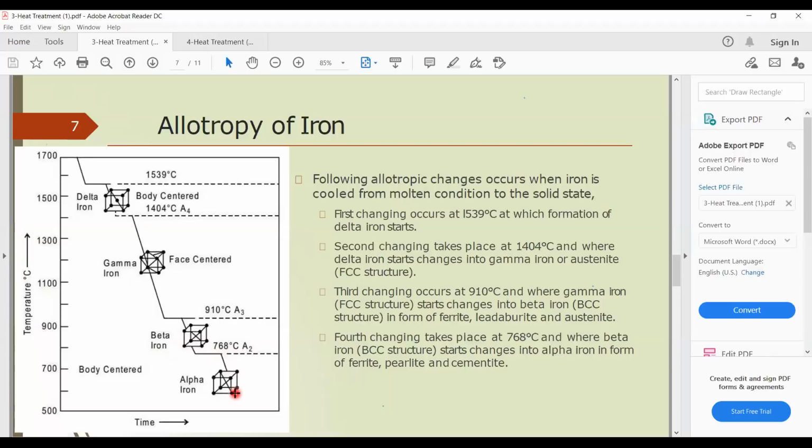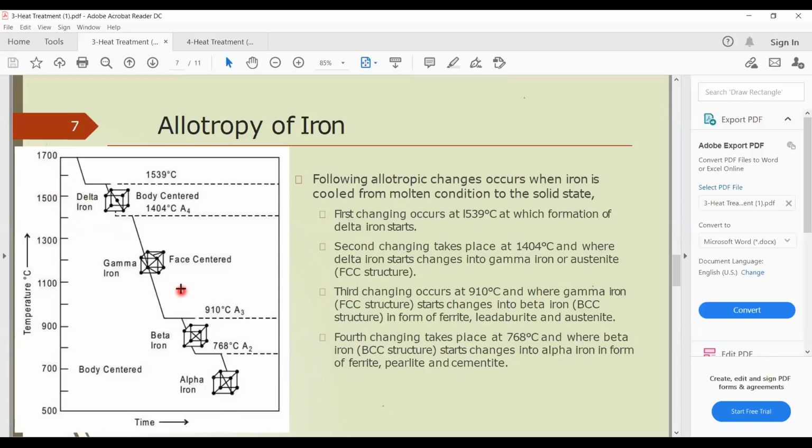So that means there are four allotropic changes happening during this cooling down process. What are they? The first change occurs at 1539 degrees Celsius, where delta iron starts to form.